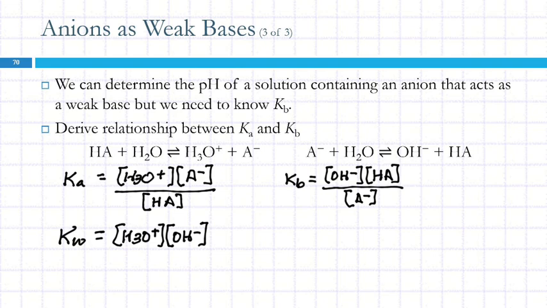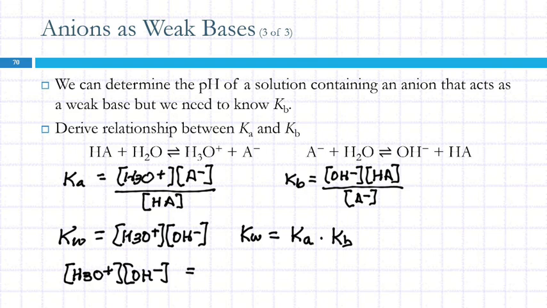I'm going to kind of do this from the back end. What we're going to end up with is Kw is equal to Ka times Kb. So that means that this would be equal to this guy times this guy.